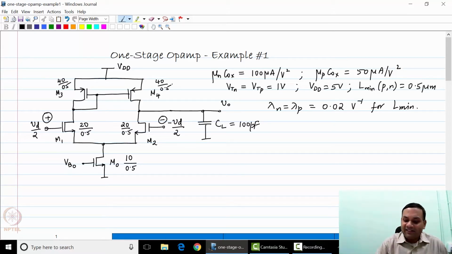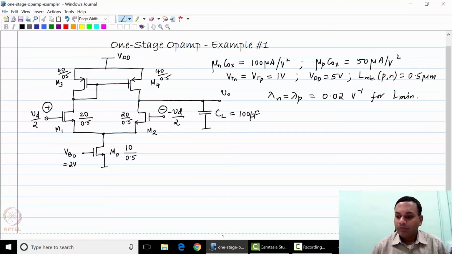And finally, let us say that VB0 is equal to 2 volts. So the first thing we can do is write down the expression for the voltages and currents of every device that we can analyze.